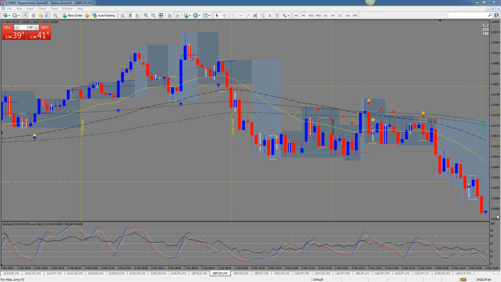But what if this... then you don't take the trade? If the RSI is above 50, don't take the trade.